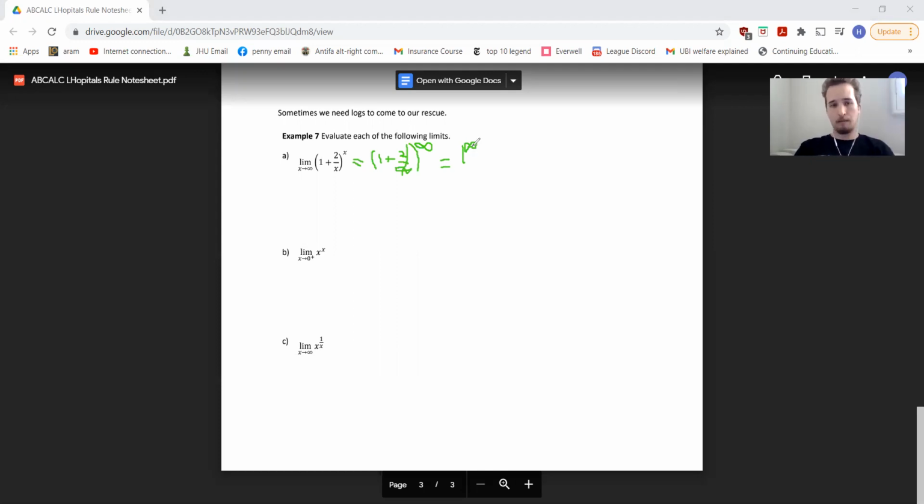But it's not in a form that we can use for L'Hopital's, right? We need something like 0 over 0, or infinity over infinity, or negative infinity over infinity. Those are the 3 forms.